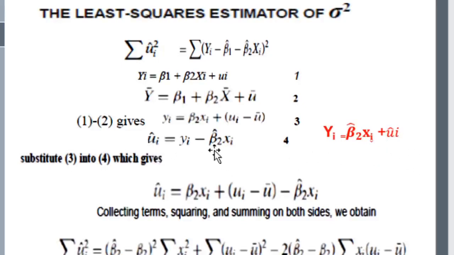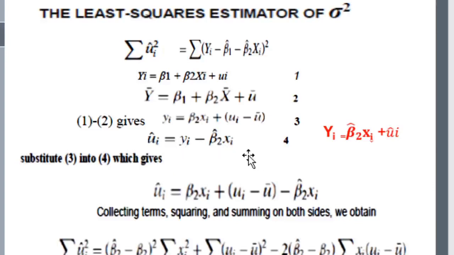So therefore, the equations: this is the least square criterion, then second one, the linear equation, then its mean value is given, then subtract this from this one, its value is given. Then the fourth equation, from the deviation form, we defined ui cap equal to small yi minus beta 2 cap small xi.